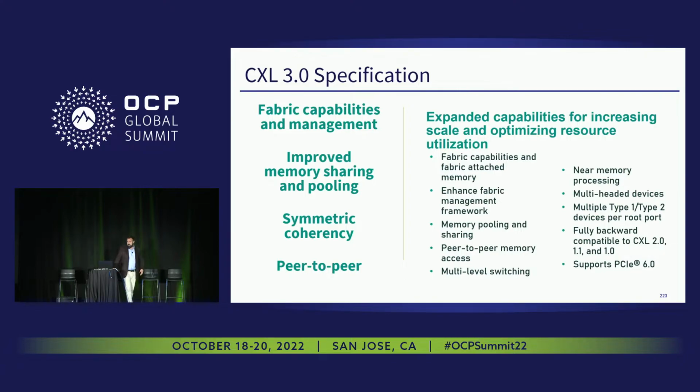So in 3.0 we've got a litany of great new stuff. One is the fabric, which I've alluded to already, which is enabled by a port-based routing mechanism that we implemented in 3.0.